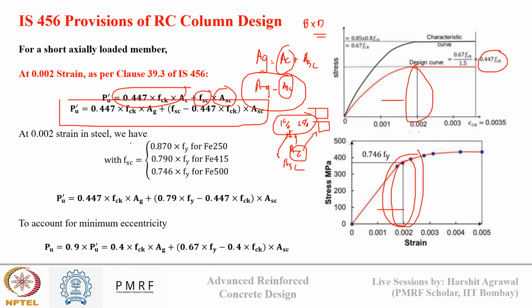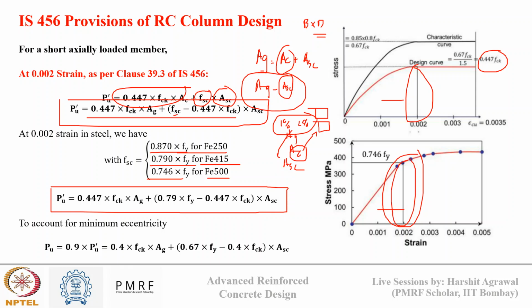Okay, so fsc value will depend upon the grade of steel. For Fe250 it will be 0.87 fy. For Fe415 it will be 0.79 times fy, and for Fe500 it will be 0.746 times fy. Okay. So now based on the grade of steel, this formula is changing. Okay. So what did the code do? Just to simplify this formula, suppose I have this equation for Fe415 grade steel. Just to simplify this formula for any grade of steel and to take into account the effect of minimum eccentricity, what the code did, it multiplied this Pu value by a factor of 0.9.